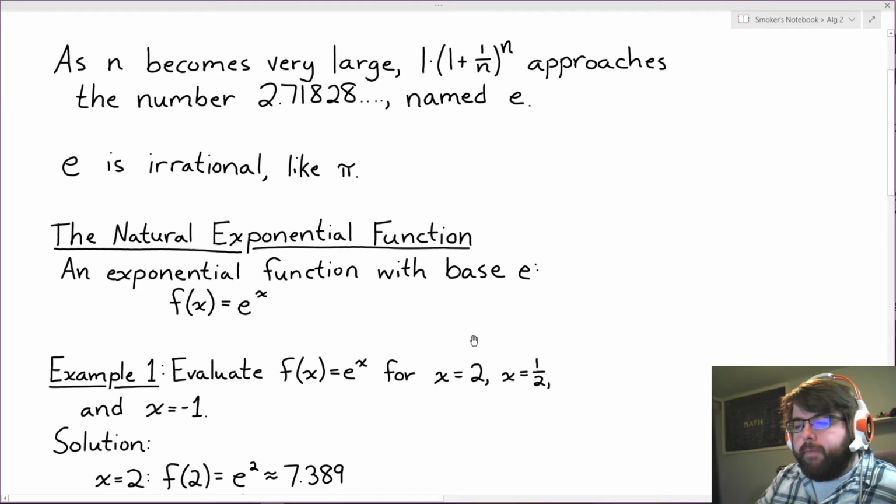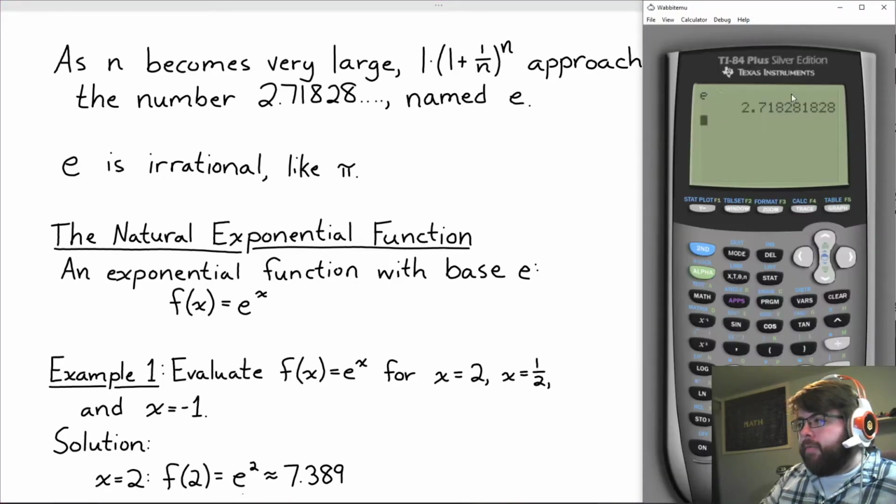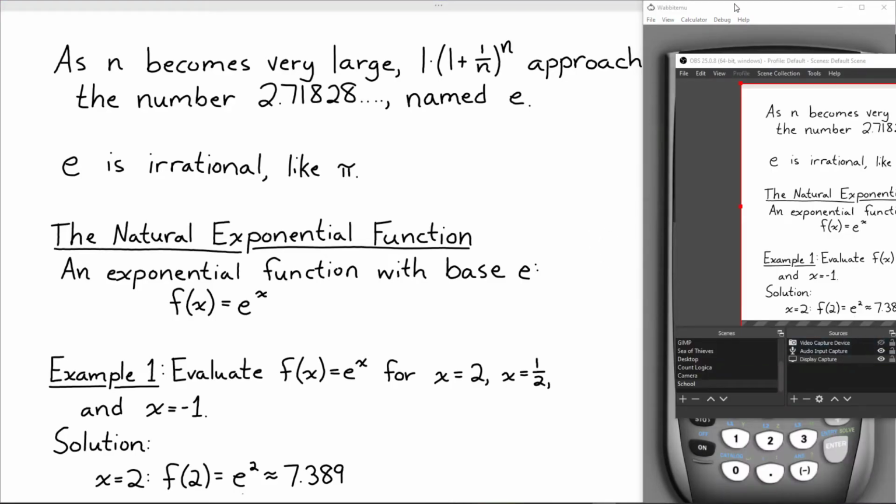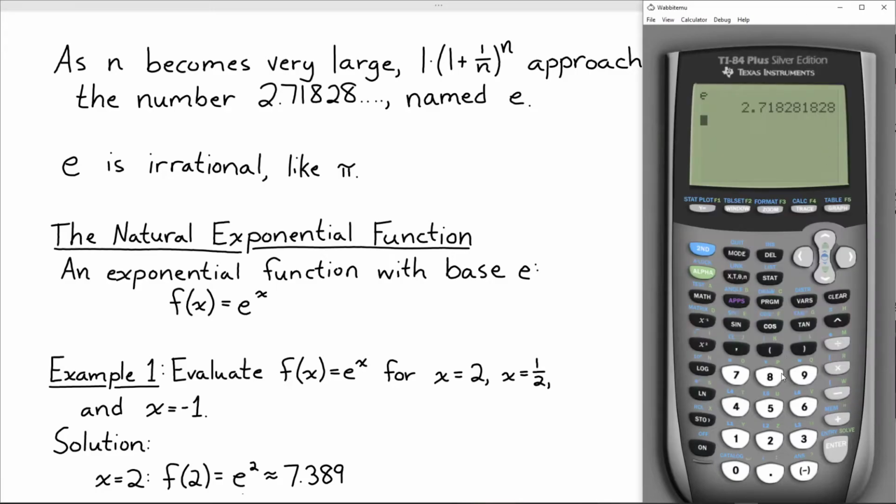If x is equal to 2, e squared: we do second e raised to the power of 2, just using the e button on your calculator.